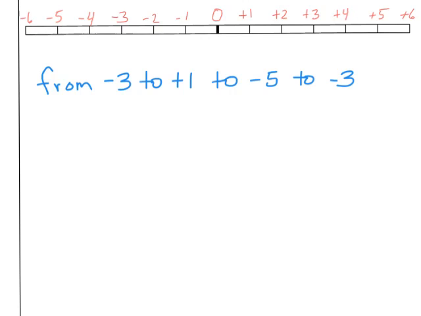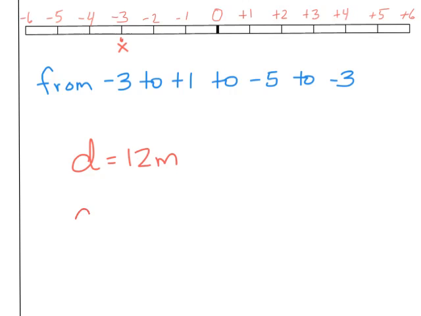We started at -3 and we're just simply going to count 1, 2, 3, 4, change directions, 5, 6, 7, 8, 9, 10, change directions again, 11, 12. And notice that we ended up back where we started. So the total distance would be 12 meters. Okay, we counted every single step regardless of direction.